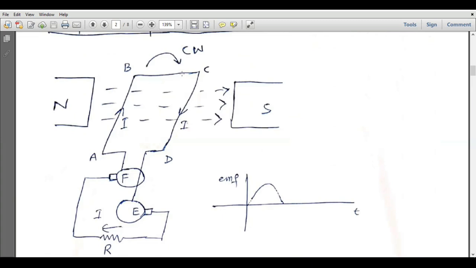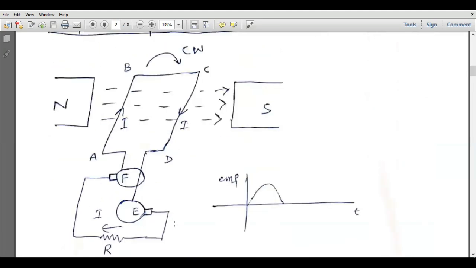So the current is going from A to B and coming from C to D, and that current will enter the slip ring E, and from slip ring E that current will enter slip ring F through this path. So the direction of current is from the right side to the left side. That direction of current will cause a positive induced EMF across this load resistor.